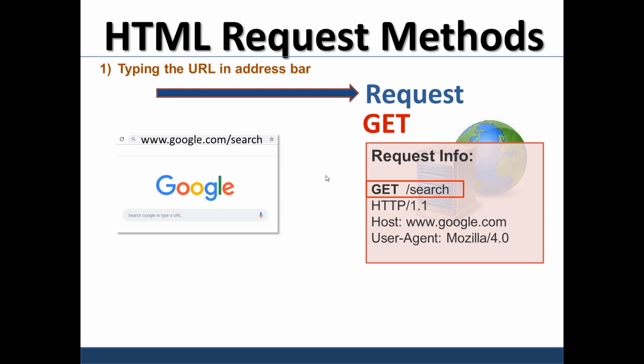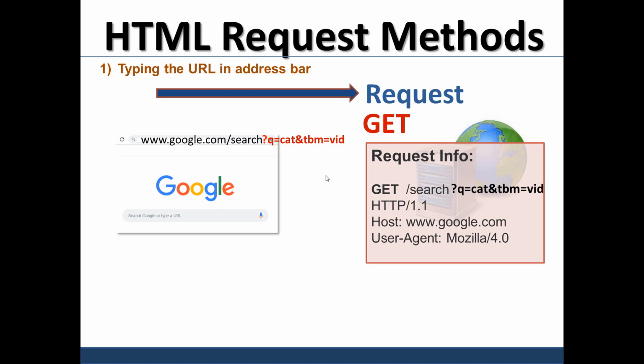It is possible to include parameters as part of the web address when typing it directly. These parameters are also sent in the request, still using the GET method. The server uses the parameters to customize the response.